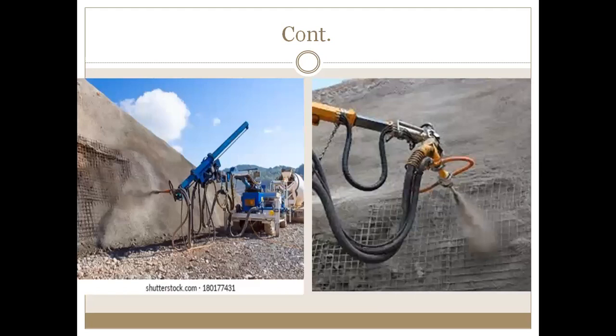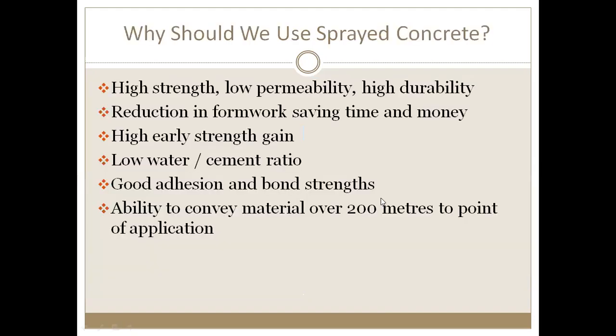In this picture, we can see that robots are spraying concrete on different walls. In this picture also we can see that a robotic machine is spraying concrete onto a wall without using formwork.